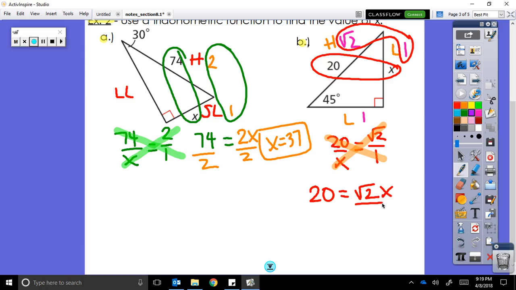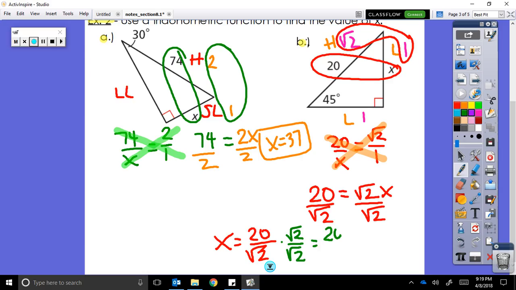Alright, now here's where you've got to remember some algebra stuff, okay? Divide by square root 2 on both sides. So I get x equals 20 over square root 2. Okay, now here's an issue. We know we don't leave square root 2 in the denominator of a fraction. So I'm going to rationalize that by multiplying by square root 2 top and bottom.